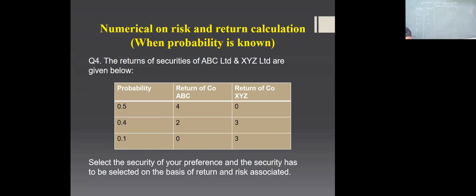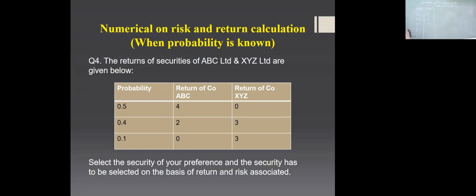Earlier, when the probability was not given, we used to find the summation of RI bar, that is the average return. But now since the probability is given, we will have to find out the expected return of ABC company.